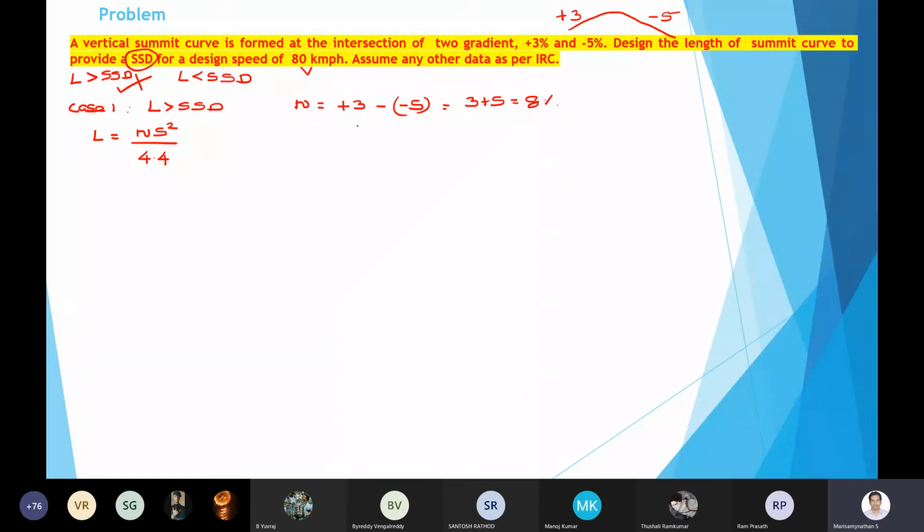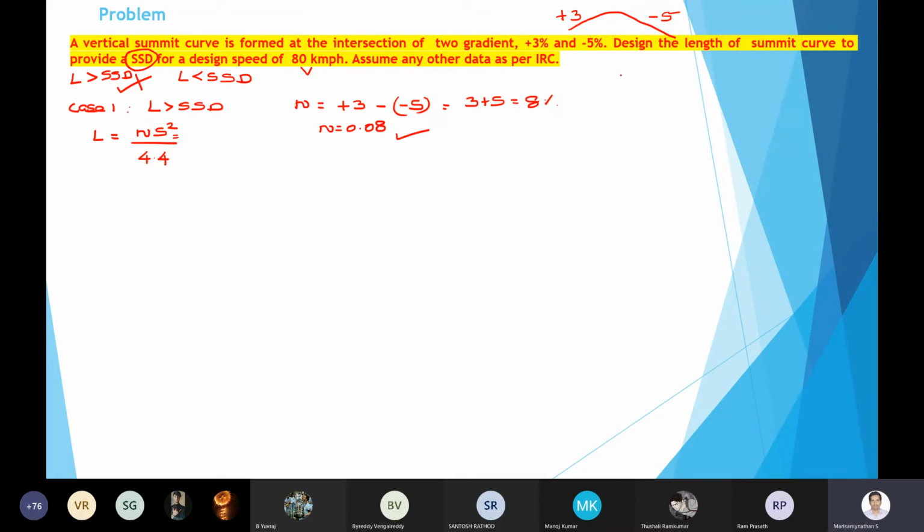So 8 percent, but it is not applied as a percentage. It is applied as a value. So N is 0.08. This is the value of N in your problem. Other than that, we are supposed to estimate the SSD.